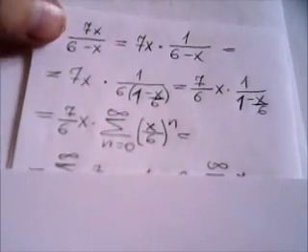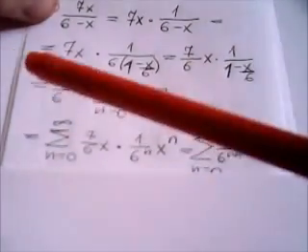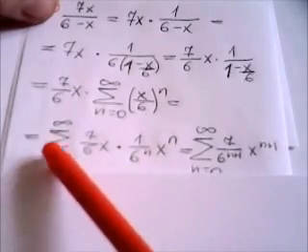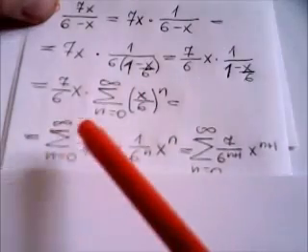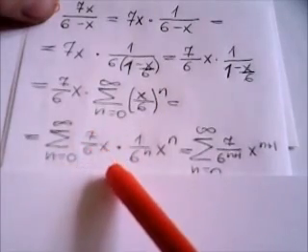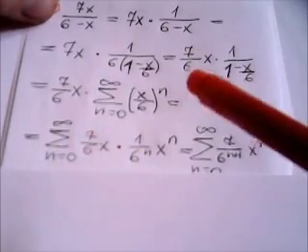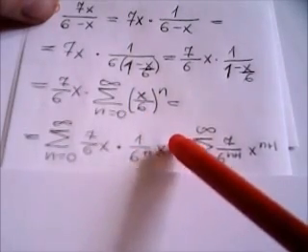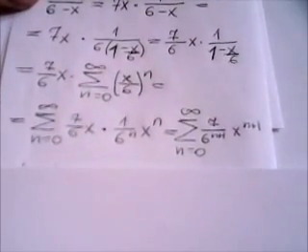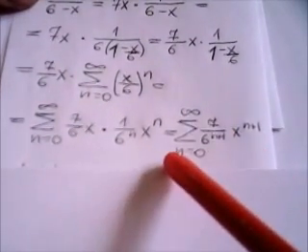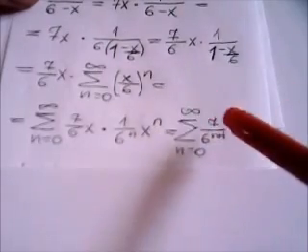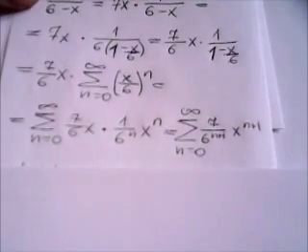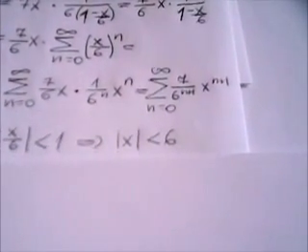Because of that, I write 7 over 6 inside the sum. And I have the summation from n equals 0 to infinity 7 over 6 x times 1 over 6 to the power n times x to the power n. And I obtain the summation from n equals 0 to infinity 7 over 6 to the power n plus 1 times x to the power n plus 1. Now the interval of convergence.